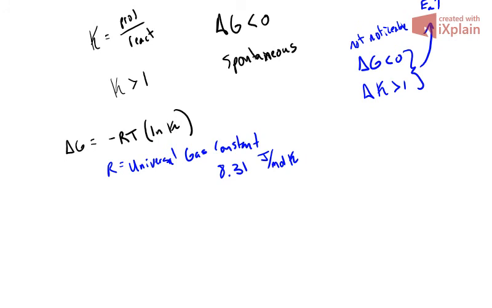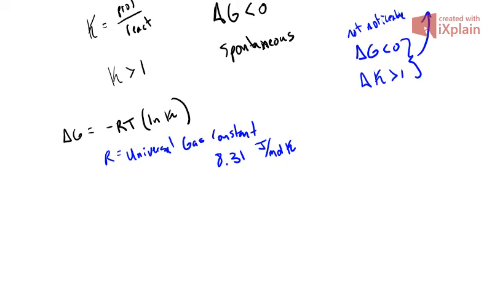Now, back to this equation. We can solve this for the K value too. So if we have the K value and we want to find the delta G, then we could rearrange and say that delta G over negative RT is equal to the natural log of K. And then the natural log is canceled out by E, the exponent.